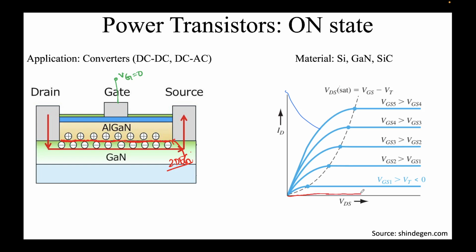To be more realistic, this is when the device is cut off, or to be more clear, when VGS is less than VT. The threshold voltage here will be negative. As you can see, threshold voltage in the MOSFET was when the inversion layer started to form.